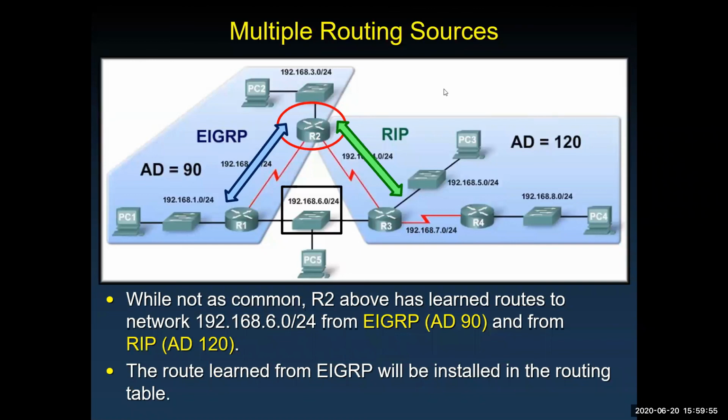So, multiple routing sources, let's say pinaghalo-halo, EIGRP, RIP, no? So, while not as common, R2 above has learned routes to network 6 from EIGRP and from RIP. So, sabi dito, yung R2, this R2, learn routes from network 6.